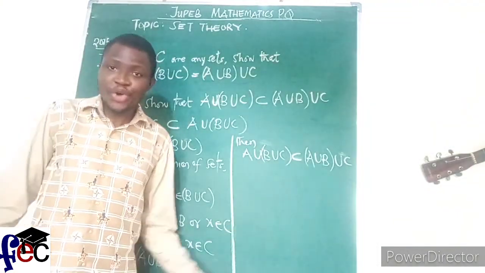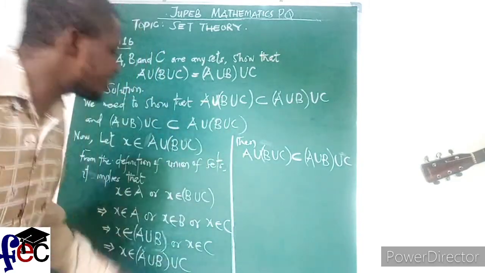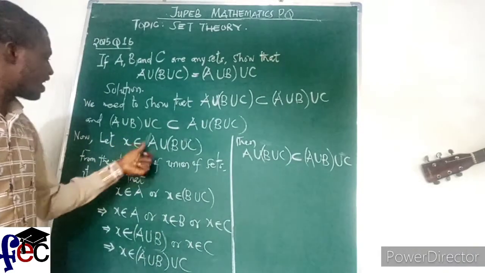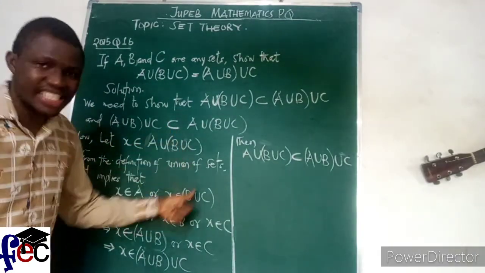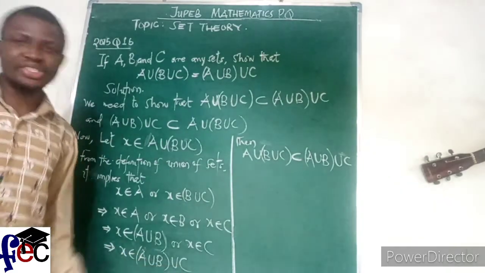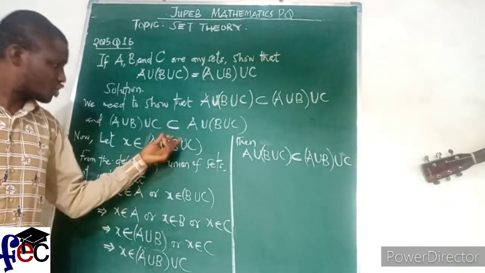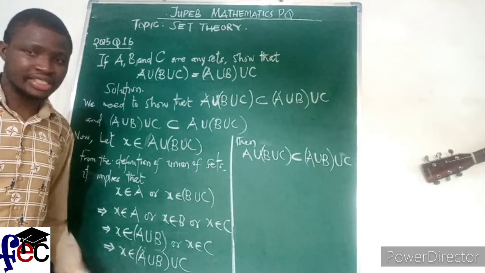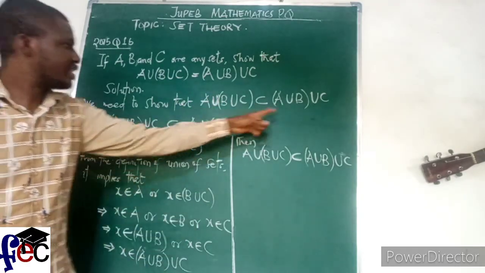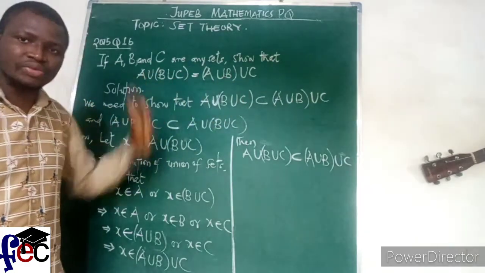But are we done? No. We just showed this aspect, but we need to show the other part, that this other one is a subset of this.